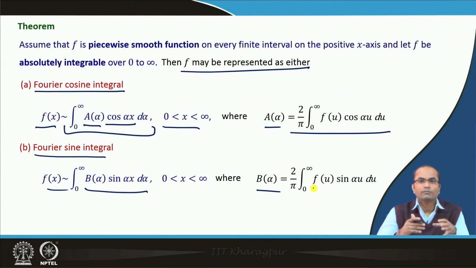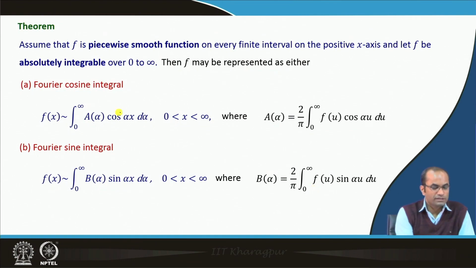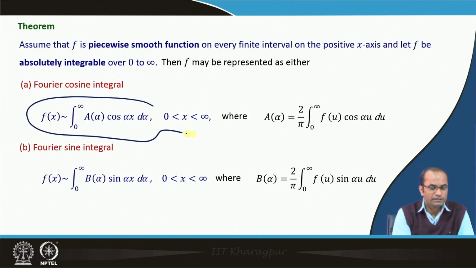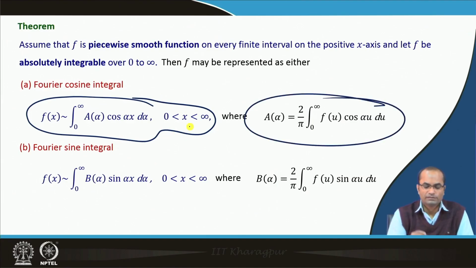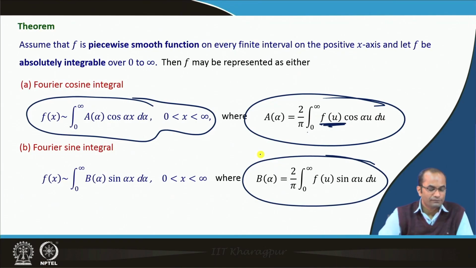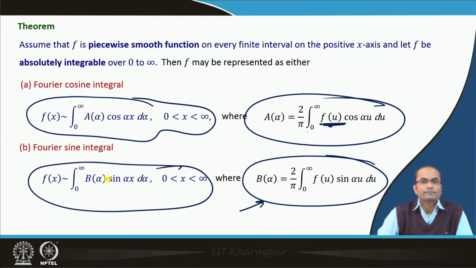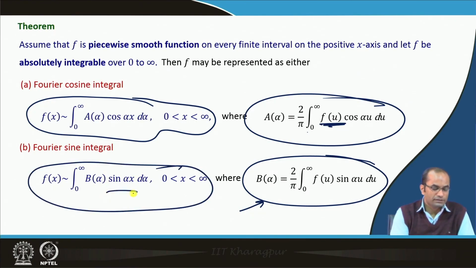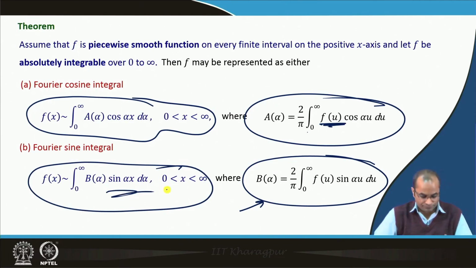So, without formally extending the function from minus infinity to infinity, that is the idea behind this, we can directly use these results if we want to have the Fourier cosine integral representation. We will compute a alpha by this formula from 0 to infinity, and f(u) is given in 0 to infinity. So, there is no problem. Similarly, if we wish to have the Fourier sine integral representation, we will compute this b alpha, and then we can represent f using this sine representation.